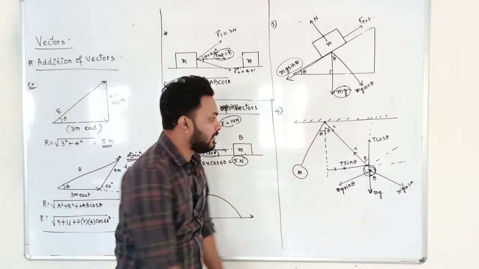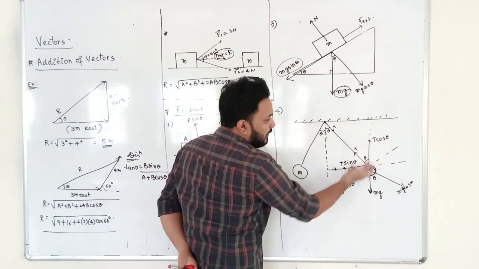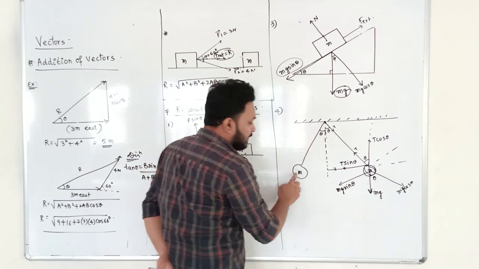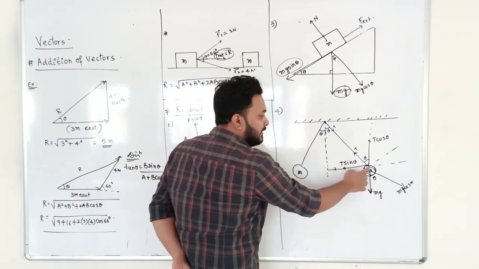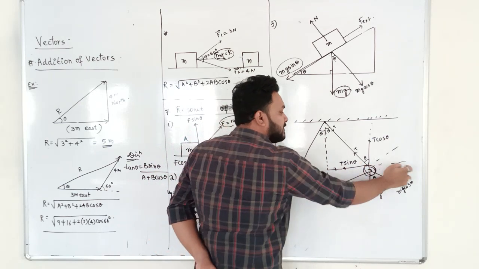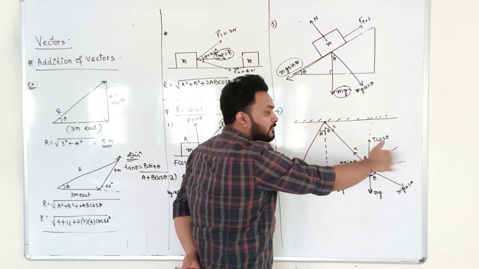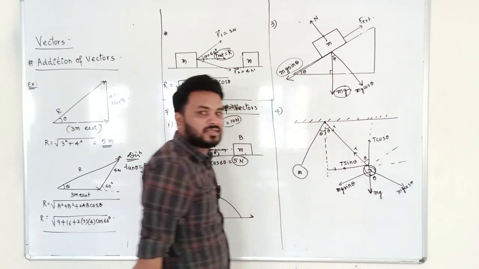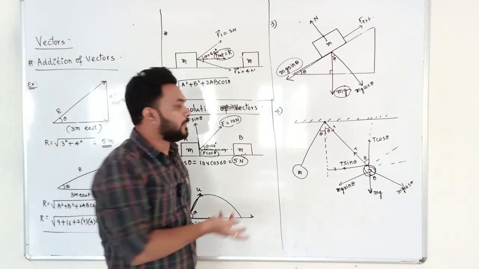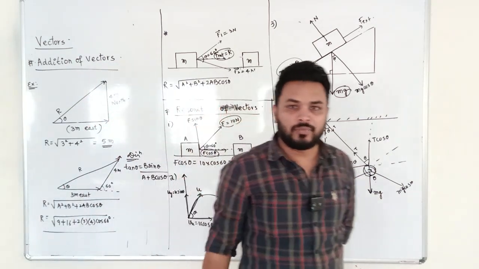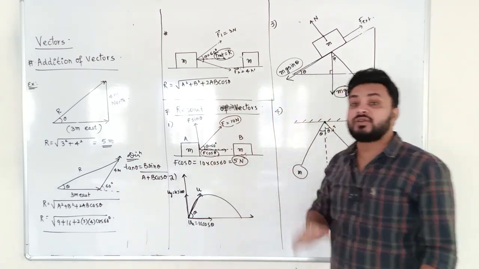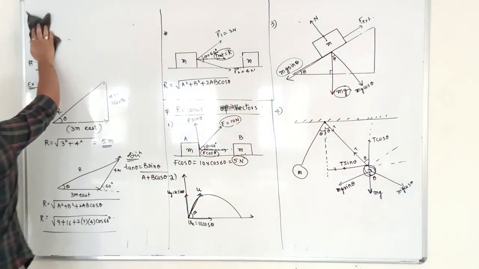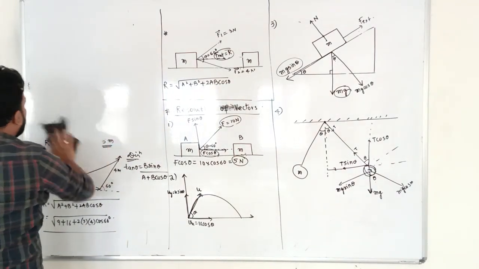To balance this, T cos theta equals mg, and the repulsion force equals T sin theta. This is how we do the electrostatic part. Hope this is clear, right?